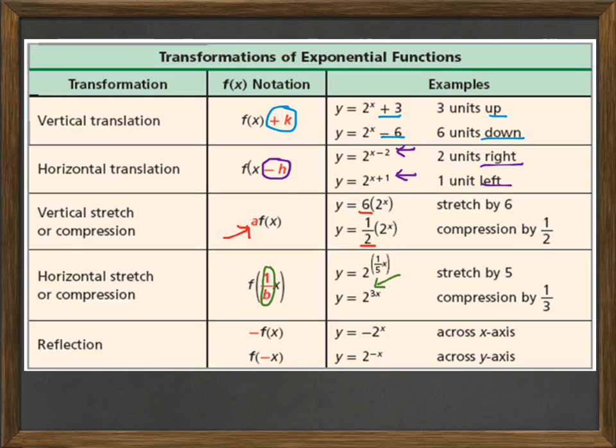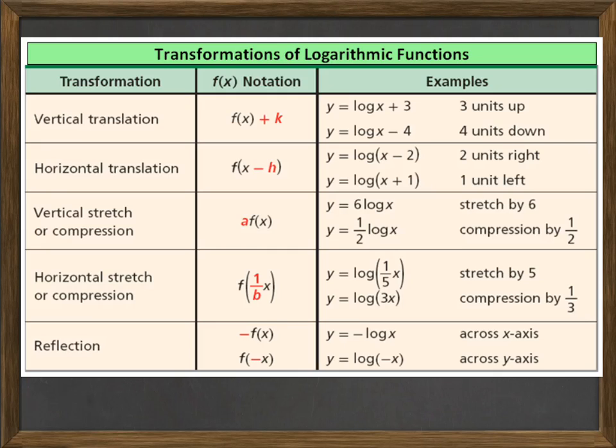So here, like 2 to the 3x is a horizontal compression. And then finally, we also have reflections either across the x-axis or the y-axis. You guys have seen a lot of those before, so I'm not going to give a whole lot of time to that. And likewise, we have the same thing for log functions.